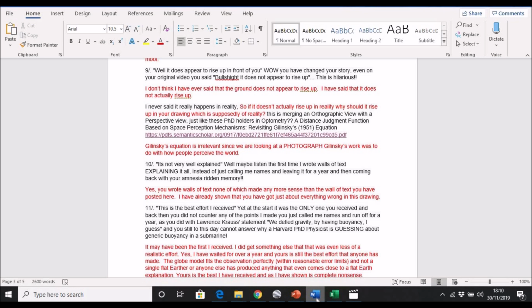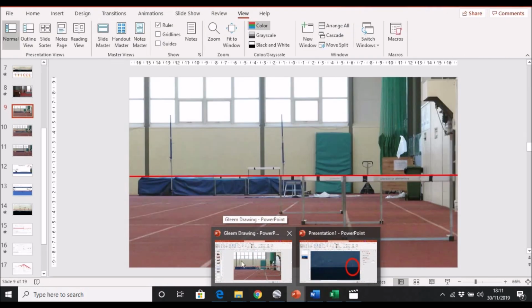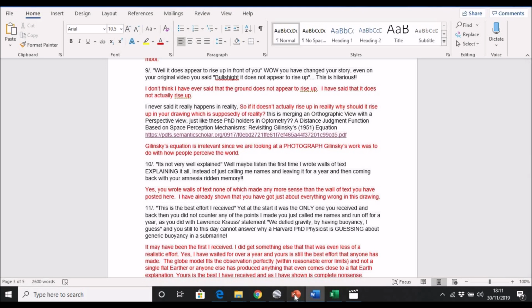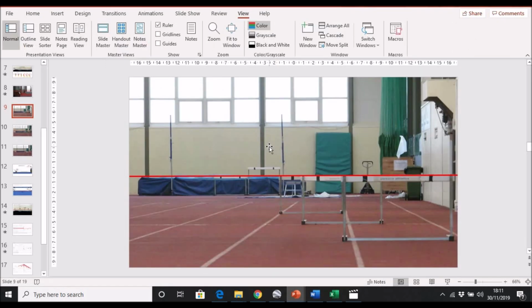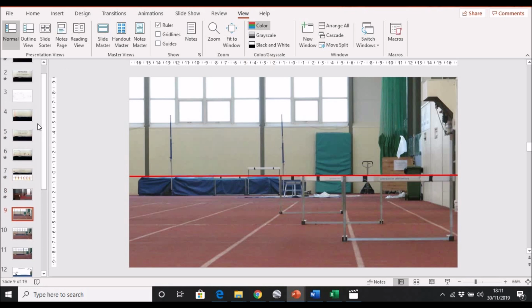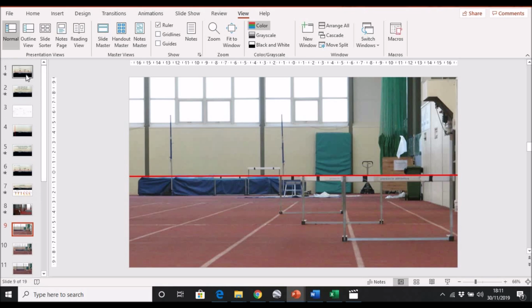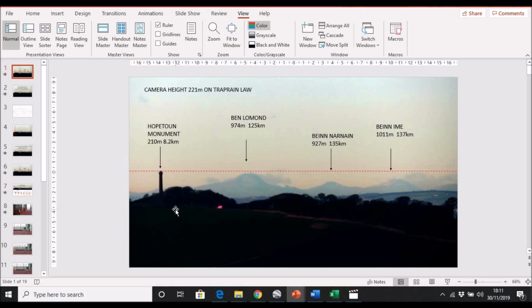The only view from which you need to show it rising up is the same view that the photograph actually takes. So when you're looking at something head on, straight on, pardon me, then yes, you see the floor rising up. The same applies in the original observation. That's an example of it. This is why this red line is positioned here.